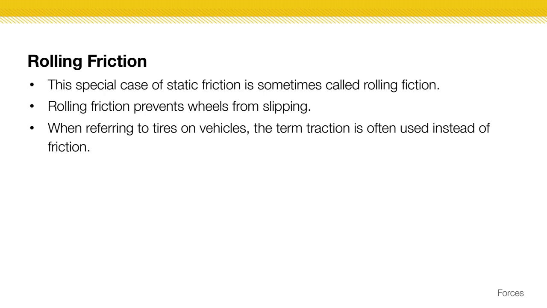We tend to use the term traction, but rolling friction is whatever prevents something from rolling. So when you have tires, you want some sort of traction, right? Or you don't want to be rolling uncontrollably. That force between the surface and the wheel, or whatever's rolling really, is your rolling friction.